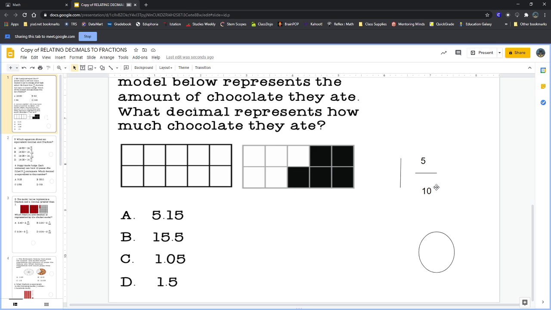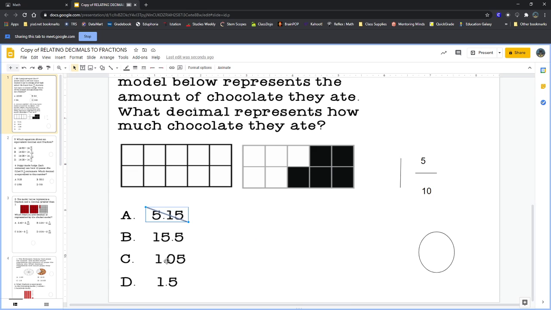I'm going to look at my answer choices, and any answer choice that doesn't have just the 10th place, I'm going to get rid of it. A has a decimal, a tenth, and a hundredth. A is not my answer. B has a decimal and a tenth.